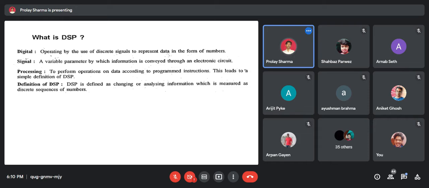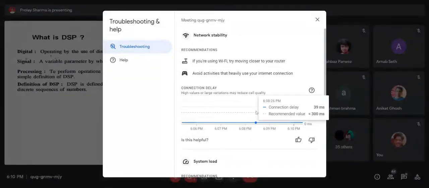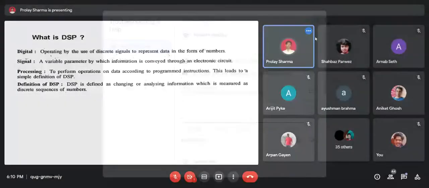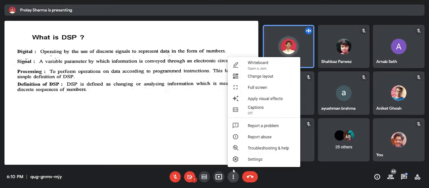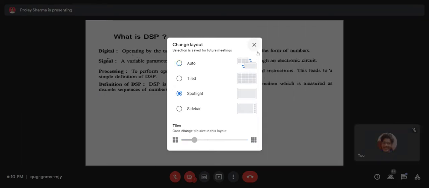Suppose voltage signal, current signal: voltage changes with respect to time is called a voltage signal. In DSP, we will learn what is a signal, what are the different classifications of signals, what different operations can be performed on signals, and what are the different characteristic features of the signal, in detail.